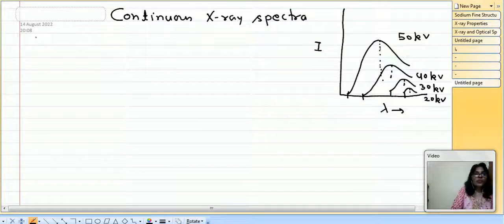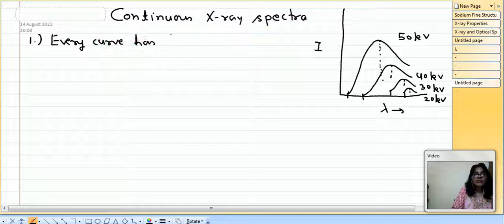So what can we draw by observing this graph? The first point is that every curve has a cutoff value of lambda.